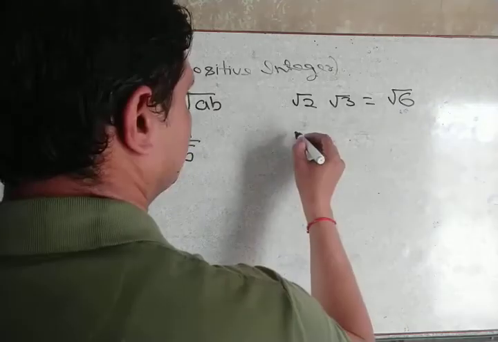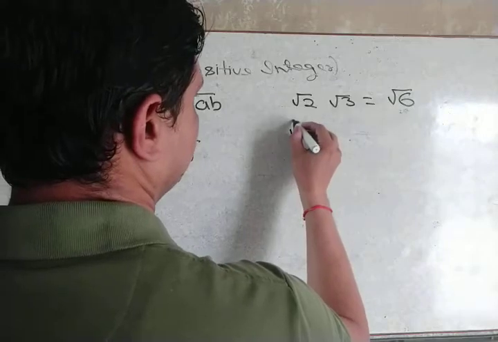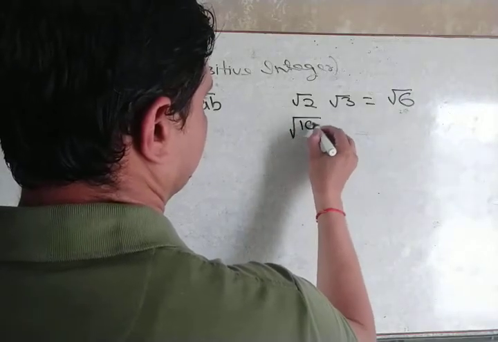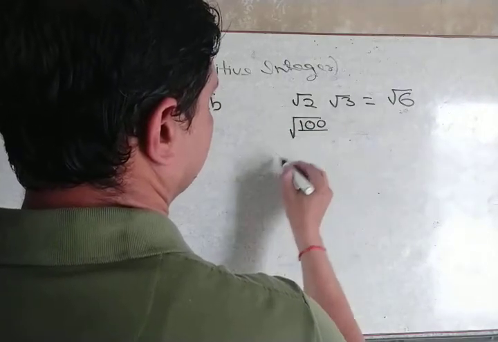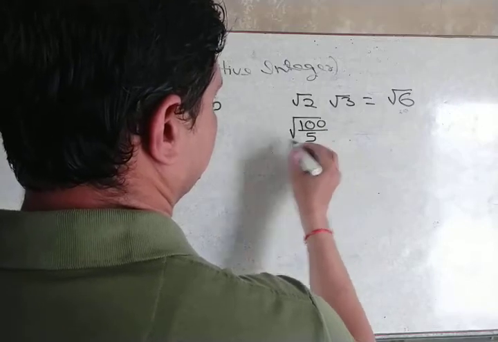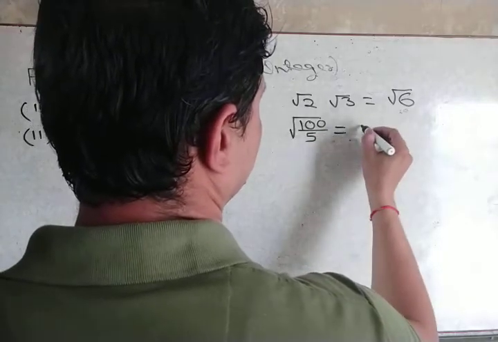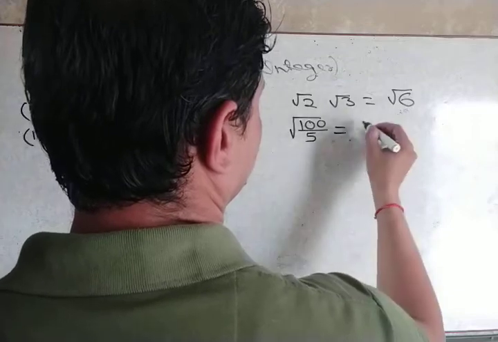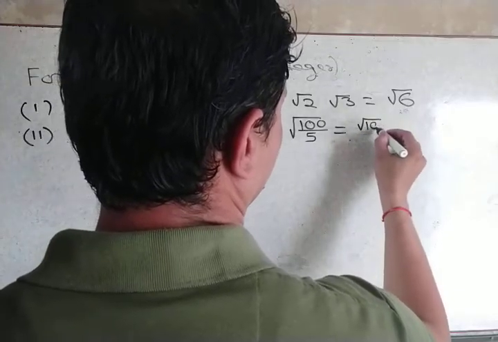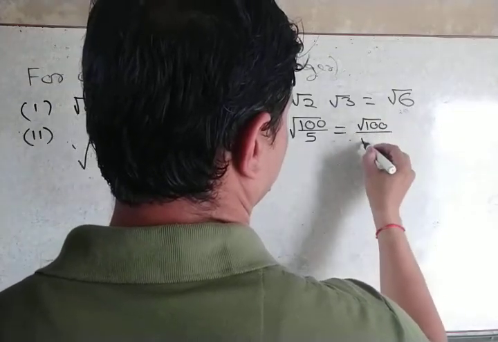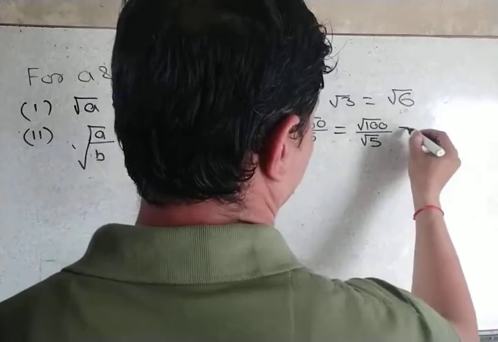Again, an example: if you divide 100 by 5, then you can write it as root 100 by root 5.